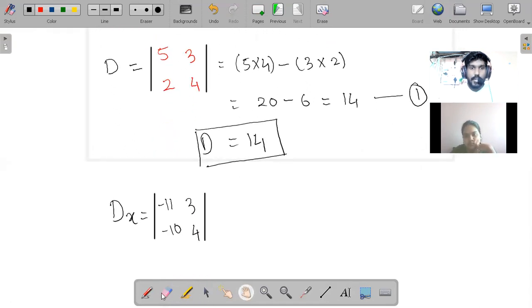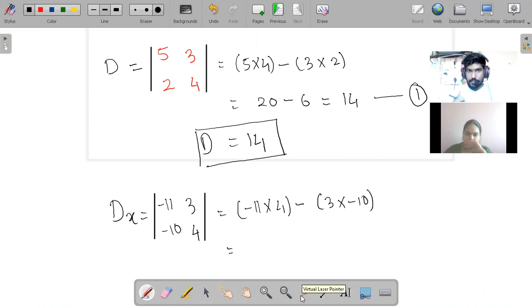Now you find the determinant of this. It will become minus 11 into 4 minus 3 into minus 10. Is this clear up to here? Yes or no? Yes. Okay, minus 11 into 4 gives minus 44, this minus sign as it is, and 3 into minus 10 gives minus 30.